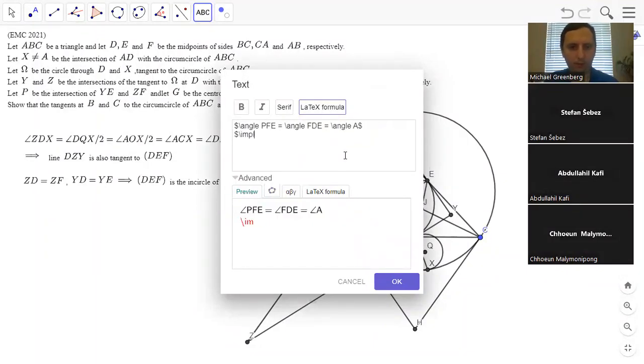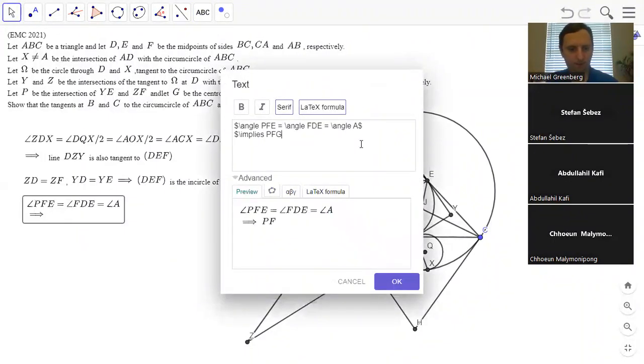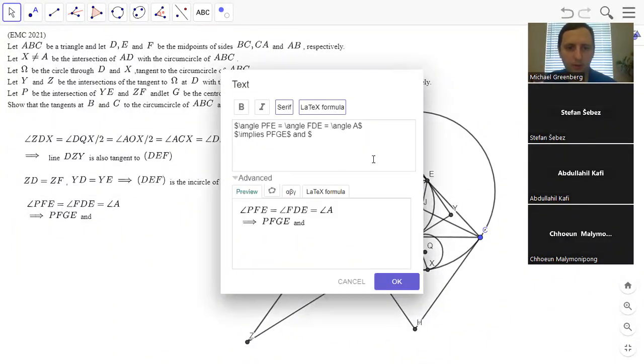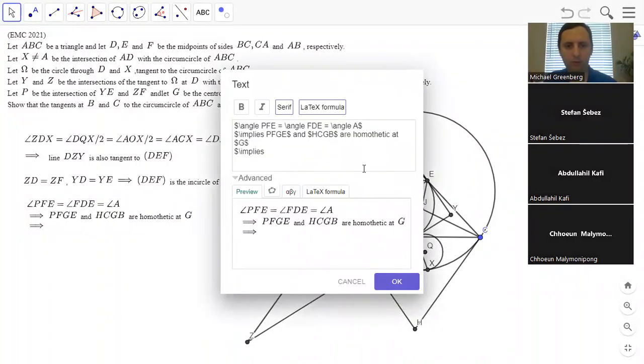And this means that PFGE and HCGB are homothetic at G, and that implies P, G, and H are collinear.